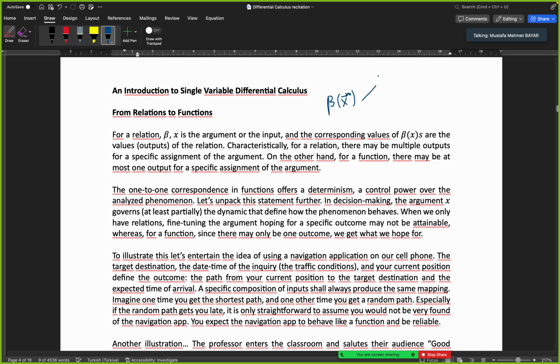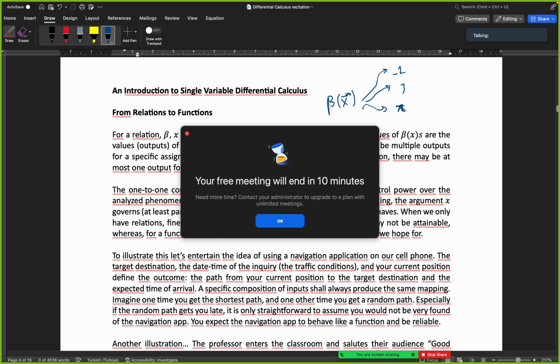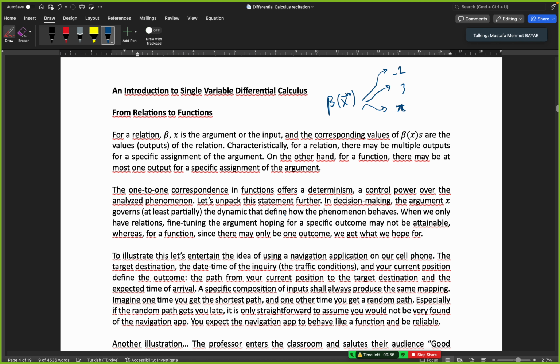This beta of x0 may give me -2 or 3. So it may have multiple outcomes. It may also just give me pi. So we don't like relations because it doesn't provide a firm grip on the phenomenon. We cannot just control the problem easily using relations.